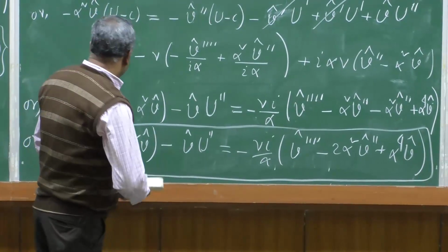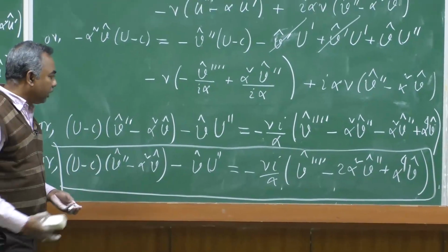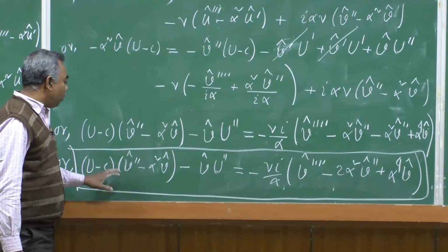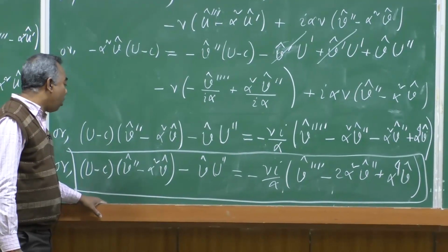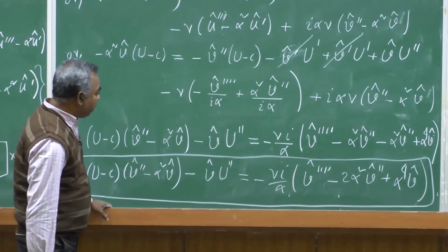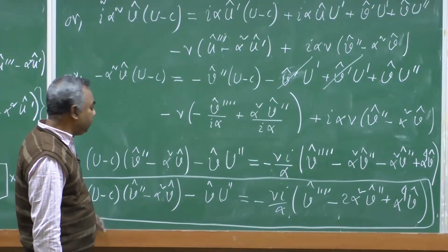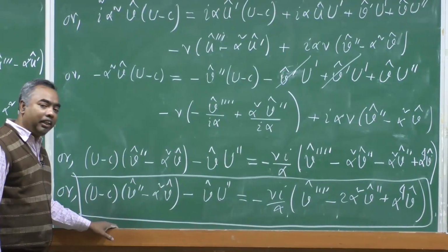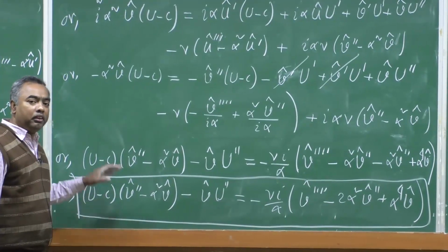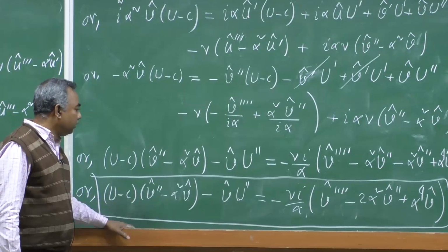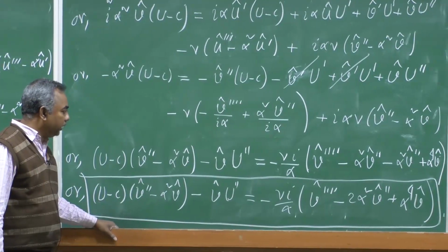So, this is what is our disturbance equation and it is a fourth order ordinary differential equation of variable coefficient. Why variable coefficient? Because u is there, u is a function of y. So, v hat is also a function of y. So, it is a varying or variable coefficient. This is a variable coefficient ODE.